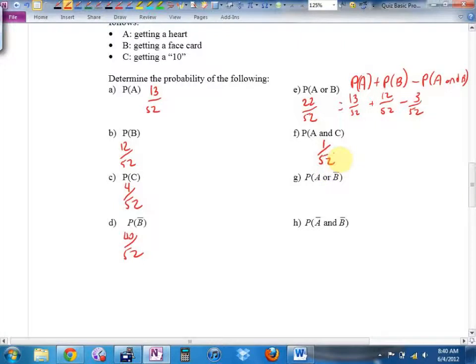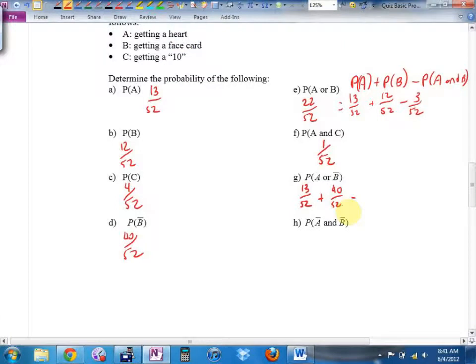G, A or not B. How many cards are either hearts or not face cards? Here I think I'll use the equation. It's going to be A, 13 out of 52, plus not B, which I have over here, 40 out of 52, minus the overlap. What's the overlap? How many hearts are also not face cards?